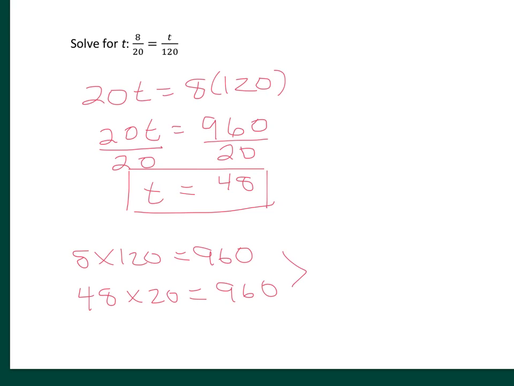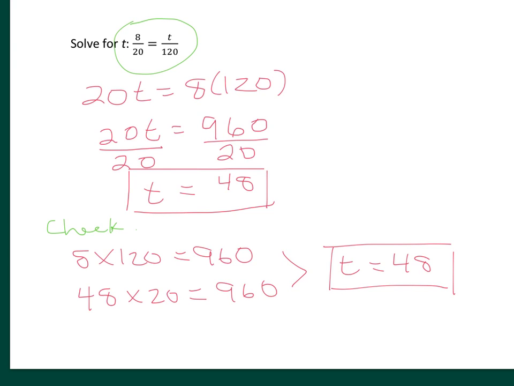So since those two cross products are equal, t equals 48 is correct. This last little piece was just checking, by substituting the result that we got into our original problem and doing the cross products. Since the cross products were equal, our solution was correct.